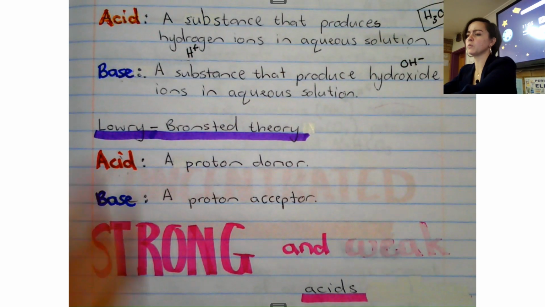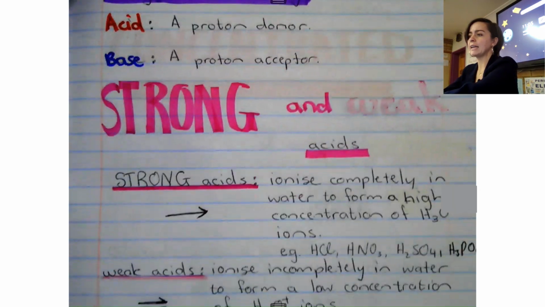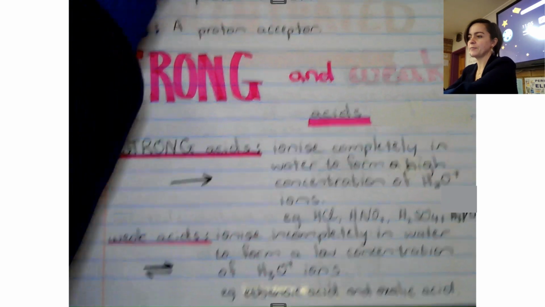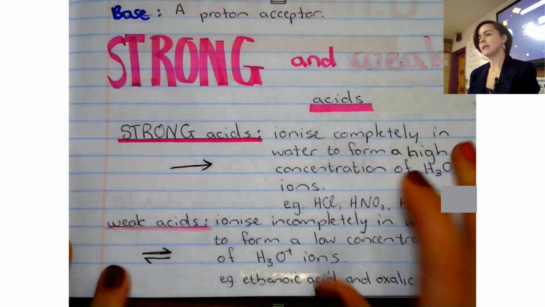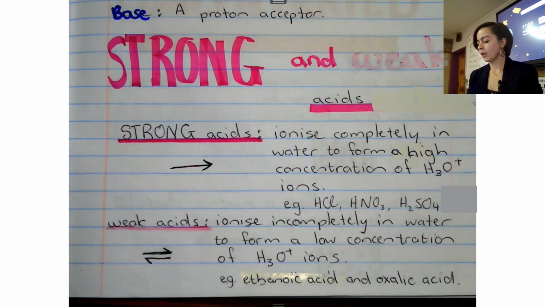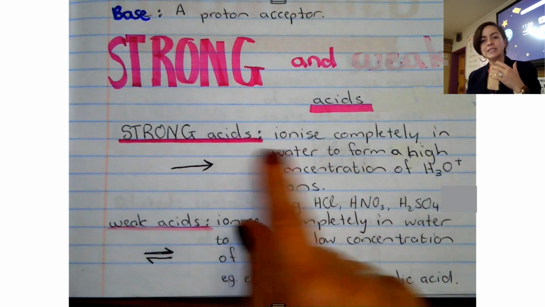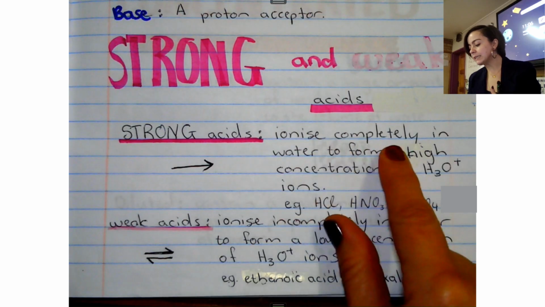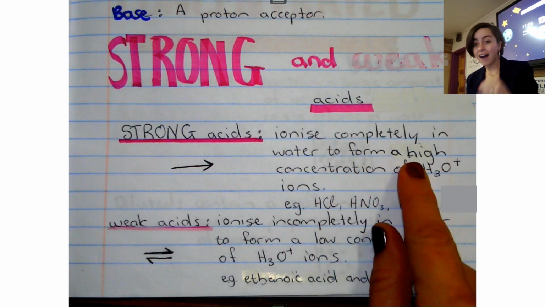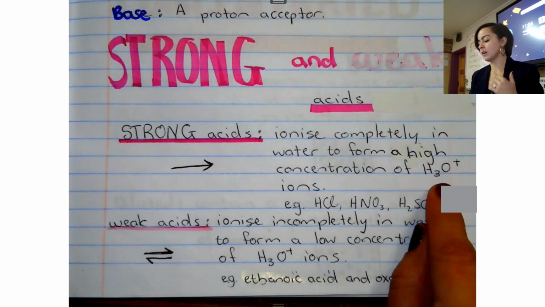Now, let's look at the next one, which is strong and weak acids. So what is a strong and a weak acid? A strong acid, we say, ionizes completely in water to form a high concentration of hydronium ions.